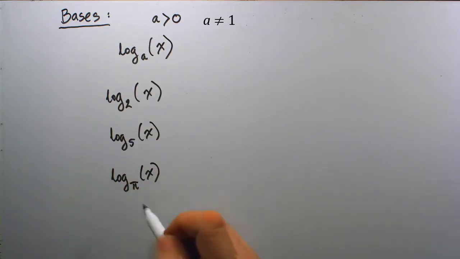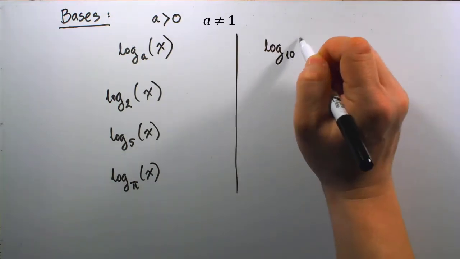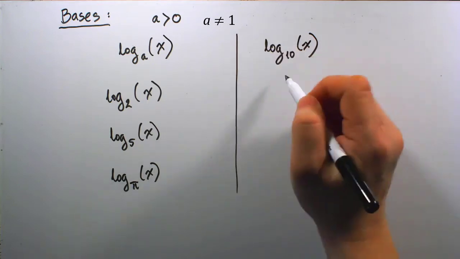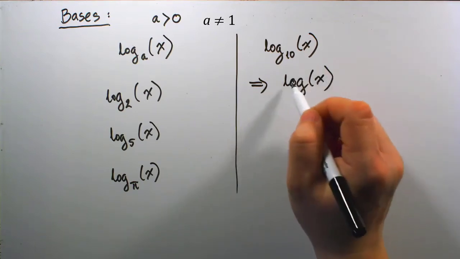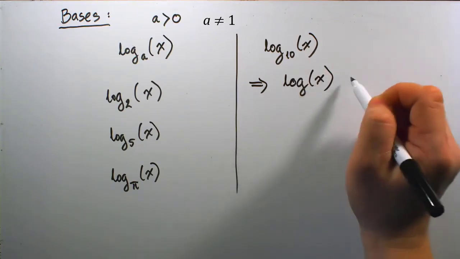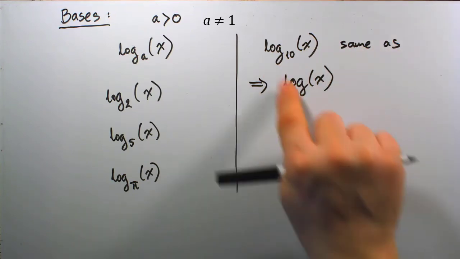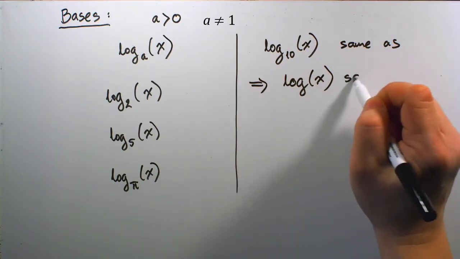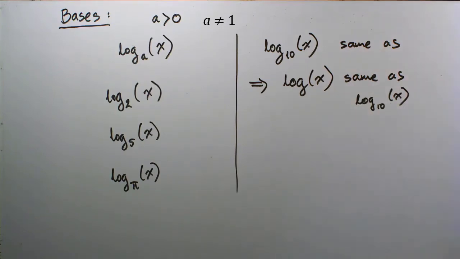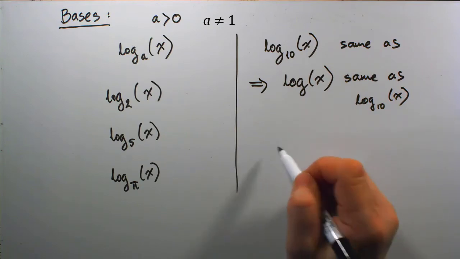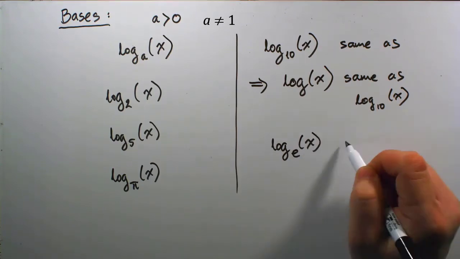And so that means when it's the special one, log base 10, we have seen earlier that we write this as just log, skipping the base. So log with the base skipped is the same as log base 10 of x. Additionally, we've just learned that when it's another special base, log base e of x, it is now the same as ln of x.